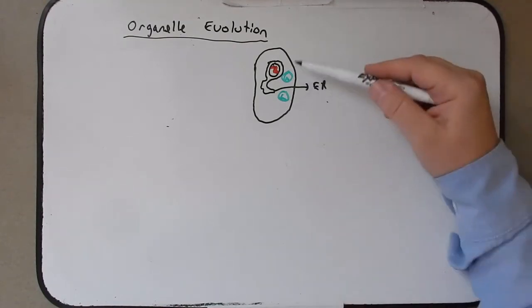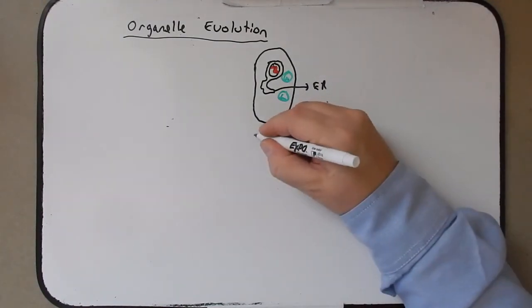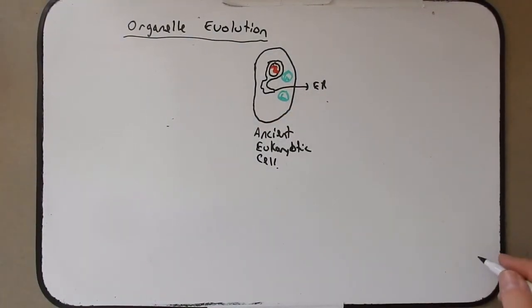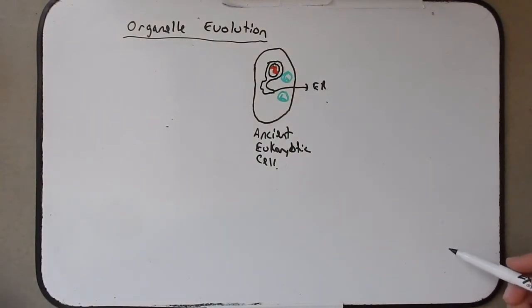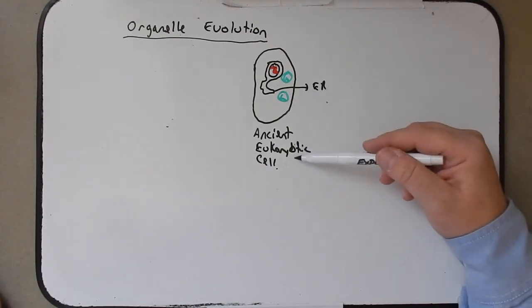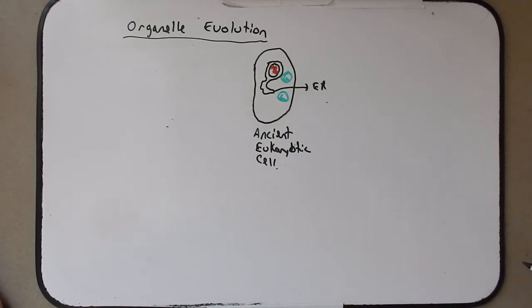Likely at the onset of this ancient eukaryotic cell, the oxygen concentration would have been initially low. But as oxygen concentrations began to increase on Earth, there was a need for an adaptation that would allow these cells to survive in the presence of oxygen.